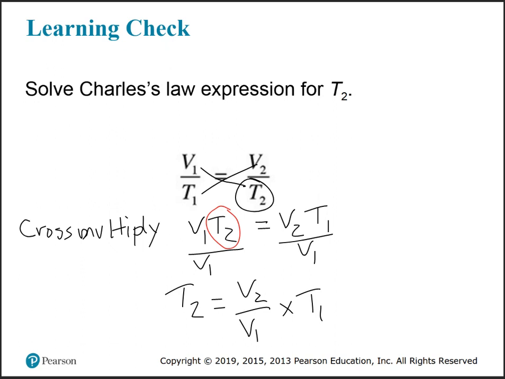You just have to first do the cross multiplication. I guess to name our second step, we have to isolate the variable. So does that make sense on how to solve Charles's law for a variable? Raise your hand if you're good with doing this kind of math. Okay. Or you can say yes. Yeah. Good.